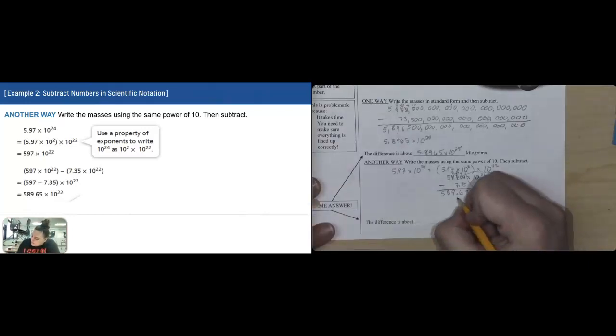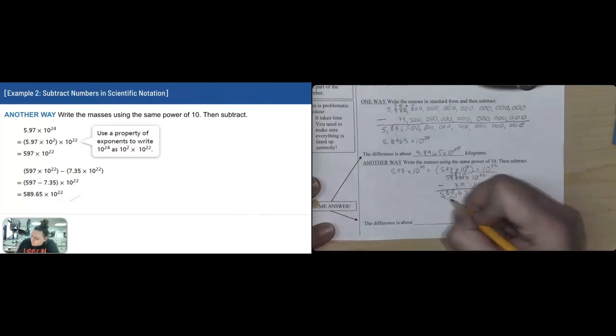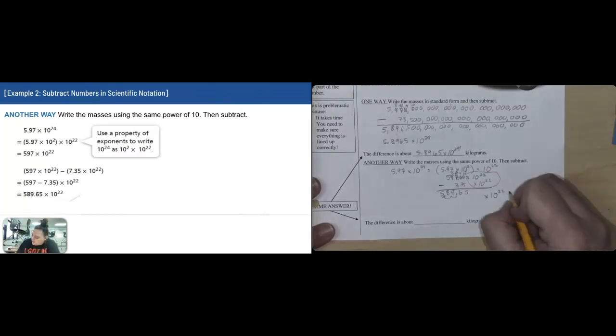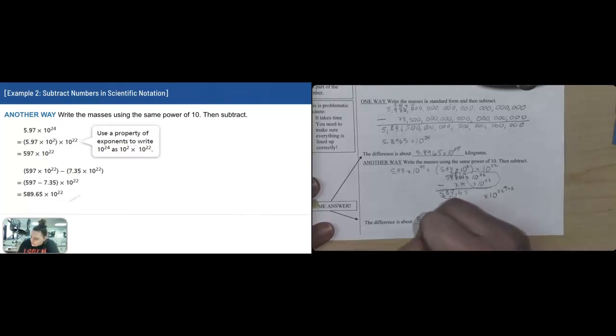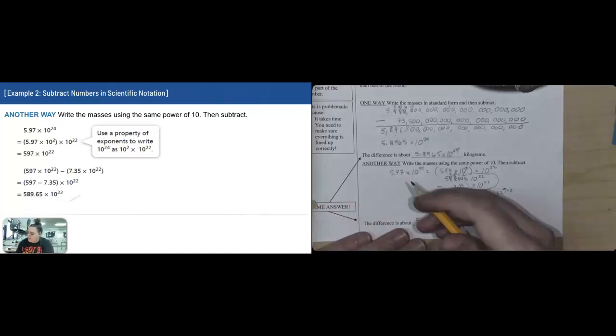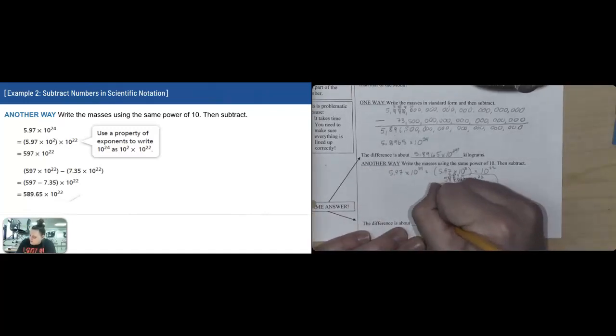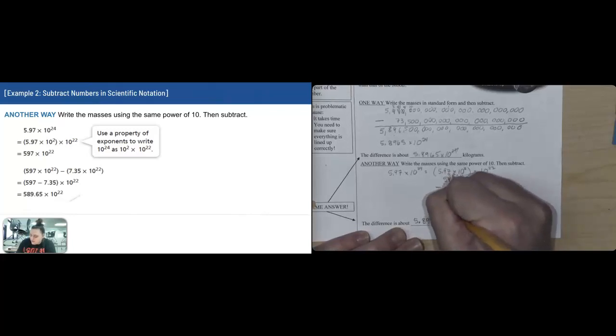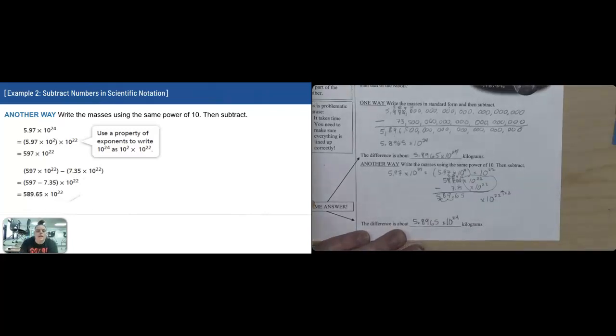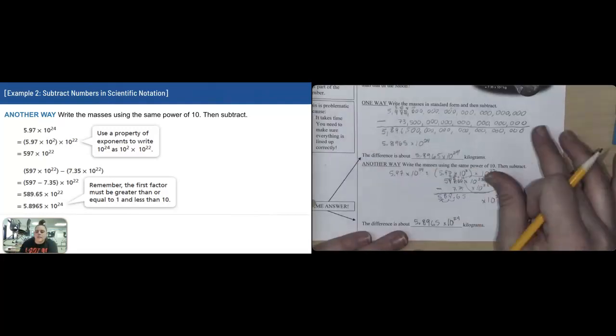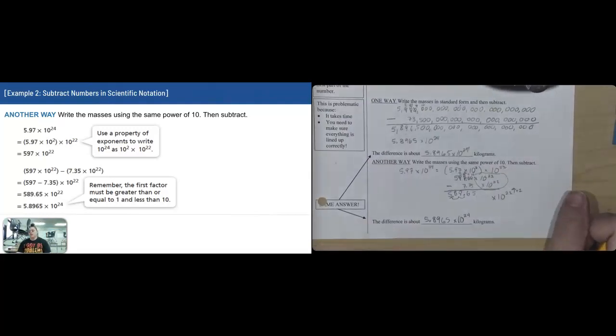And then again, I'm going to move my decimal over 2 spots to the left. So I'll increase my number by 2. So I end up with 5.8965 times 10 to the 24th. And notice that these are the same answer.